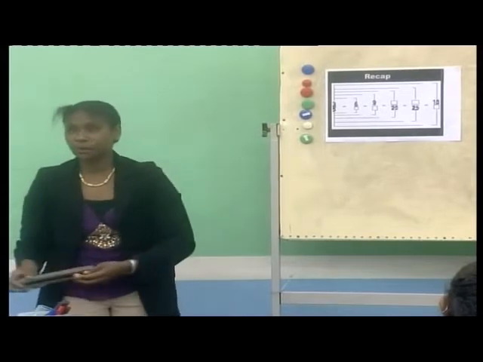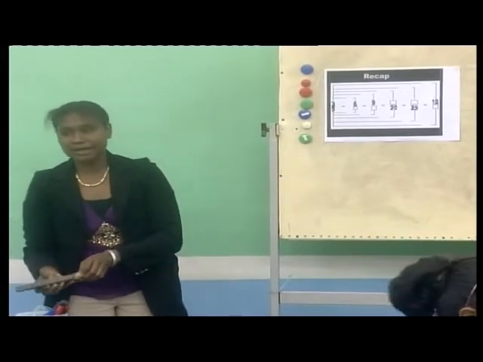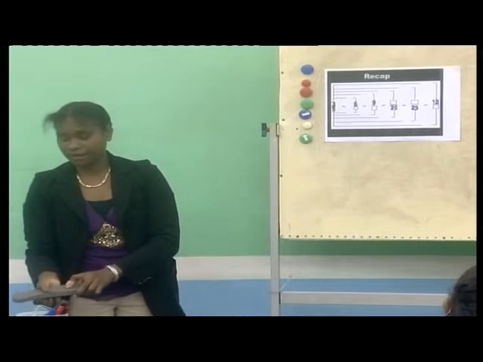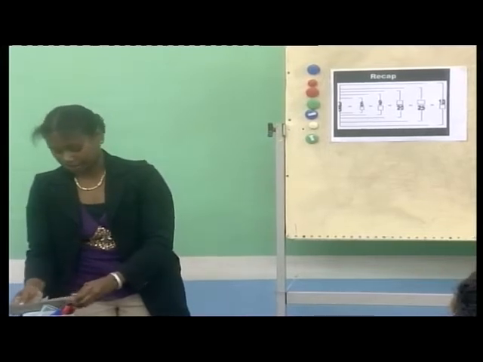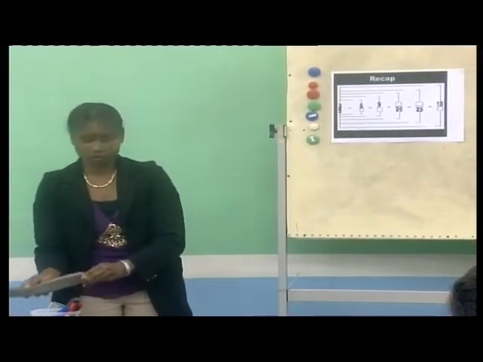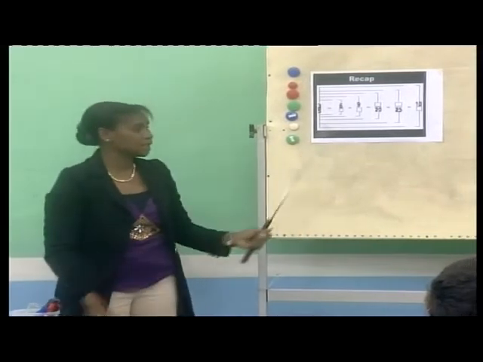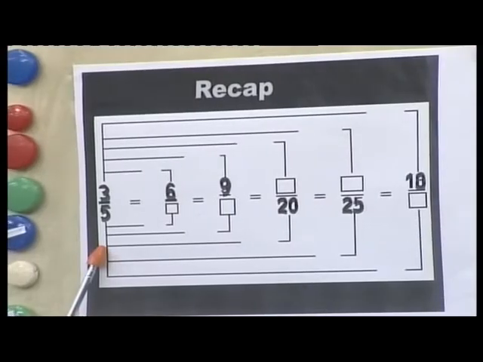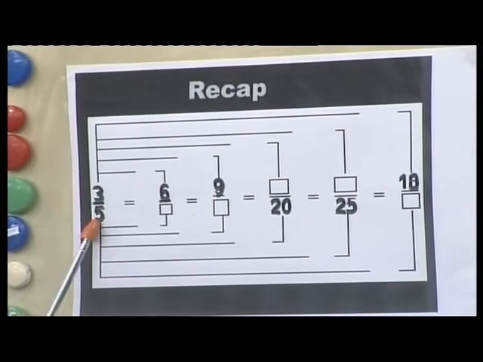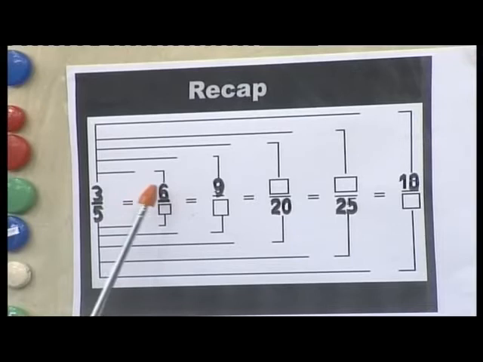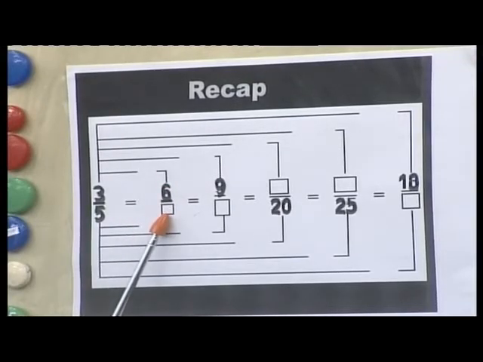Let me explain what you are going to be writing in the space provided on this chart. Instead of using the arrow, I've decided to use this format here. We have 3/5 equals 6 over a blank number.